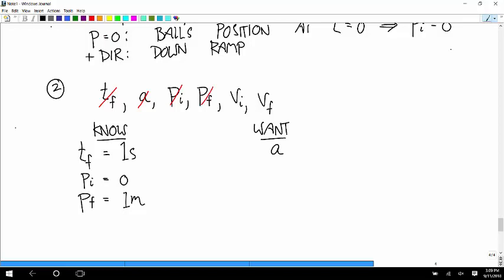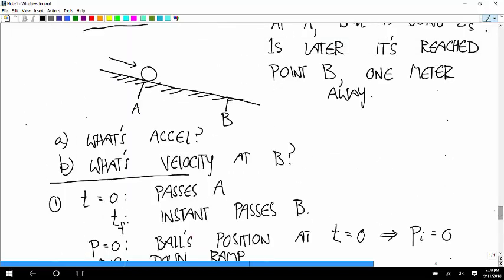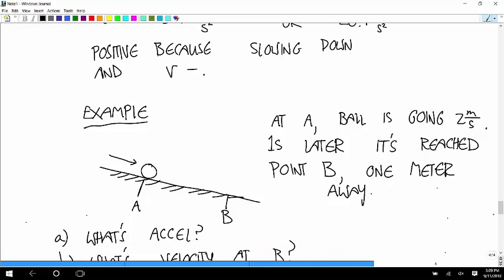Do we know the initial velocity? 2 meters per second. And is it positive or negative? So the speed is 2 meters per second. Is the velocity positive or negative? Positive, because this direction is positive, and that's the direction it's going.